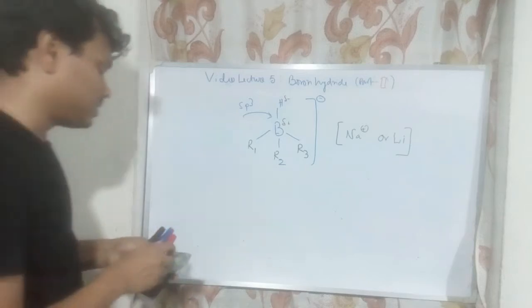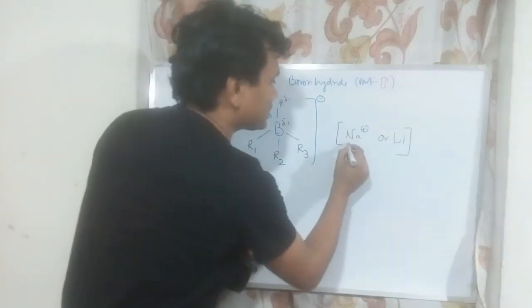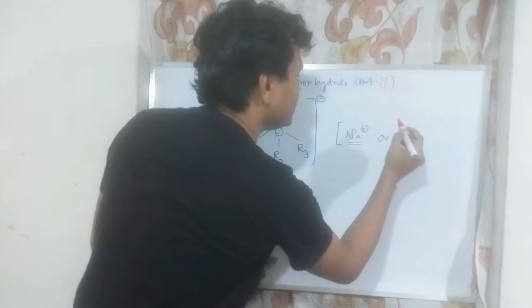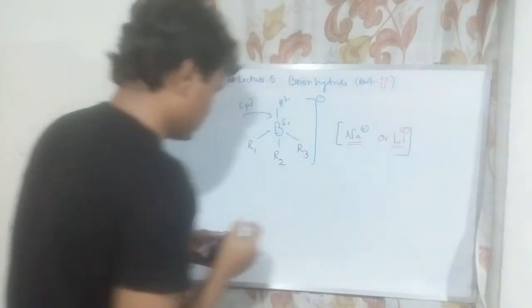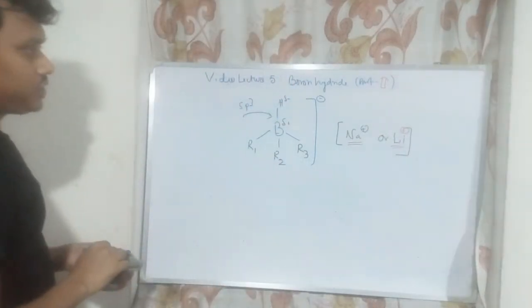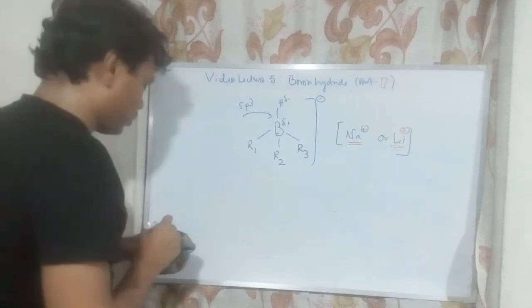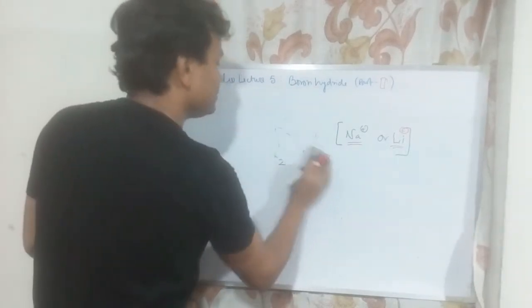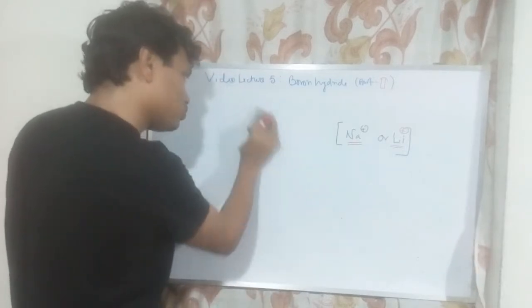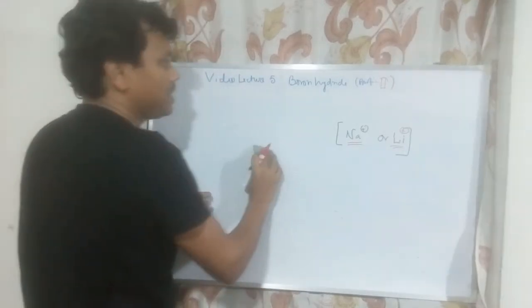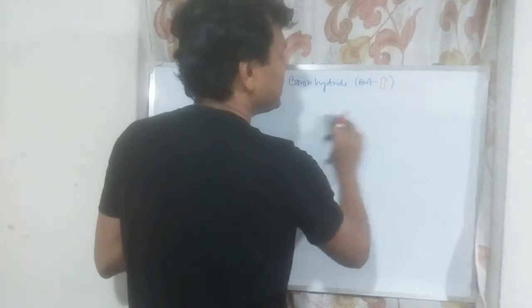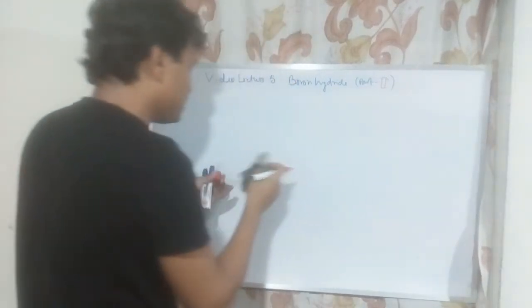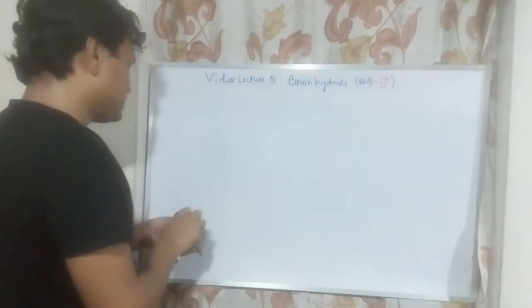Now we will check the role of these two metal centers, that is sodium and lithium. If you take sodium borohydride versus lithium borohydride, the borohydride part is the same. Actually, that center is reducing, but changing the metal center, the reactivity differs. Why? Because the metal is actively playing some role.